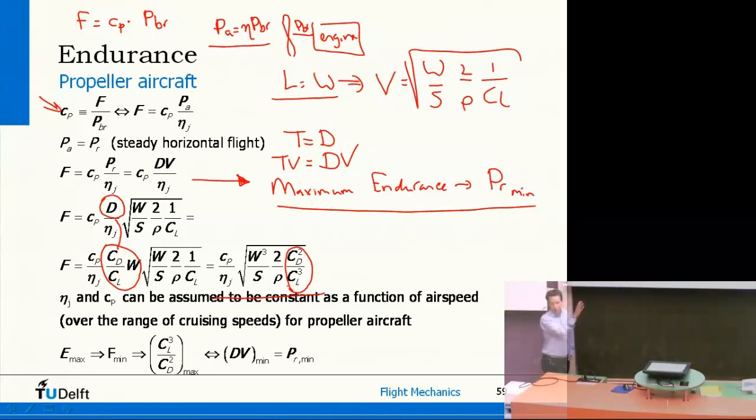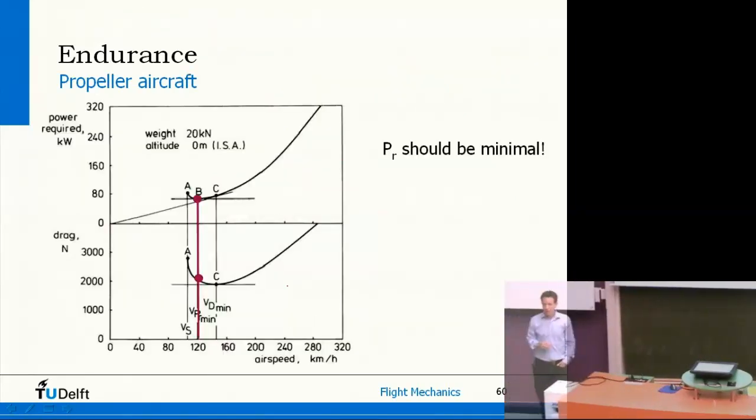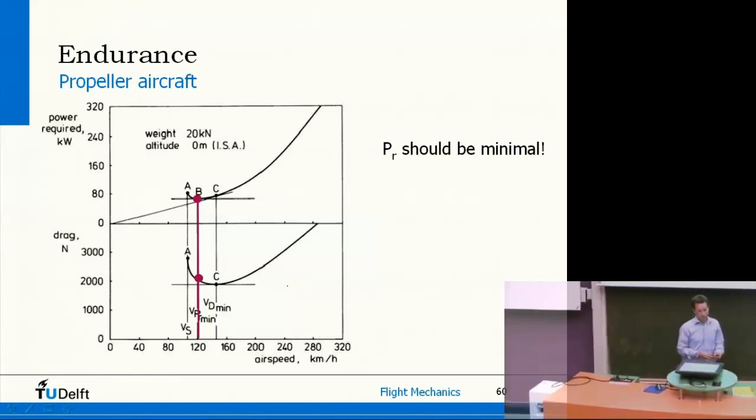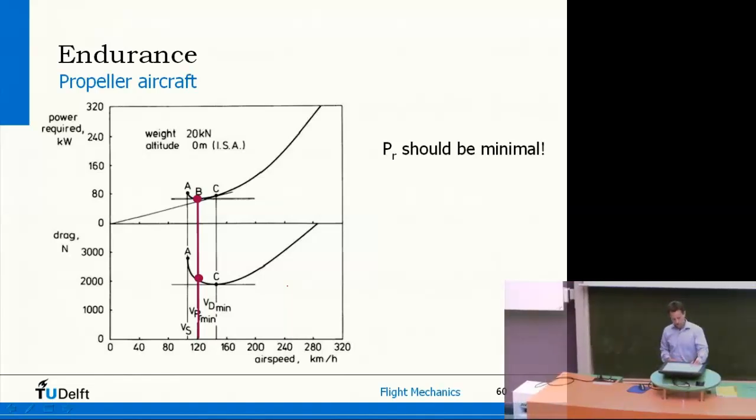So if you have a performance diagram, then it's fairly simple to look at what is the actual minimum power condition. If you look at the power curve, it's that minimum condition there. And you can read off that's a certain airspeed.